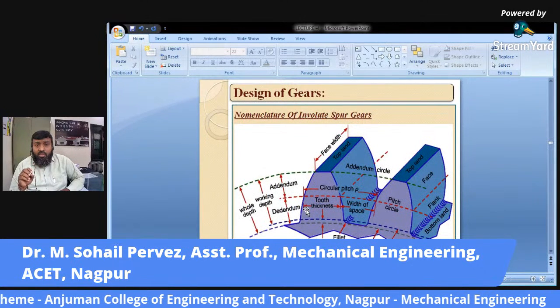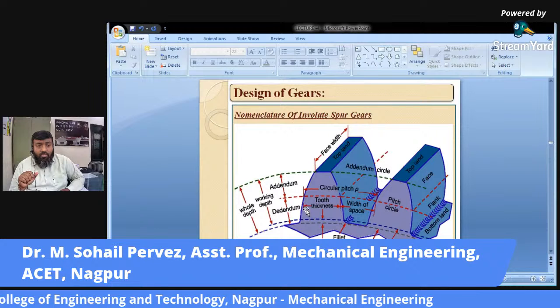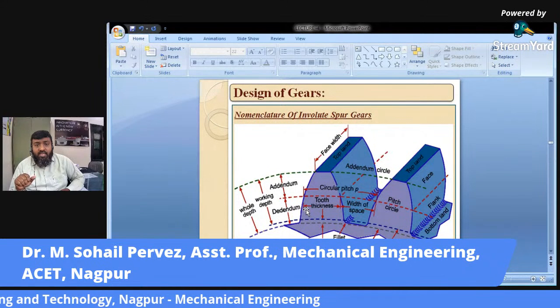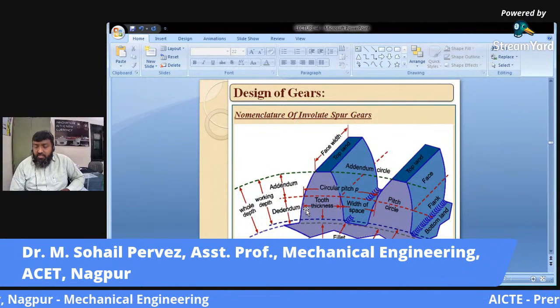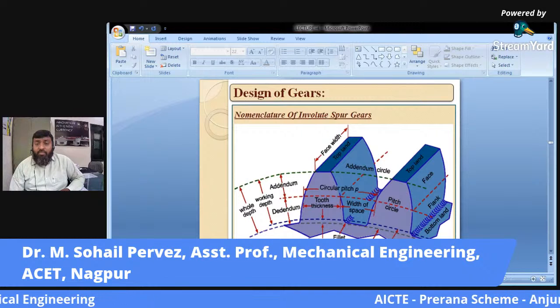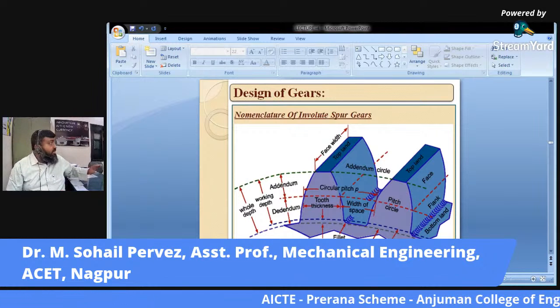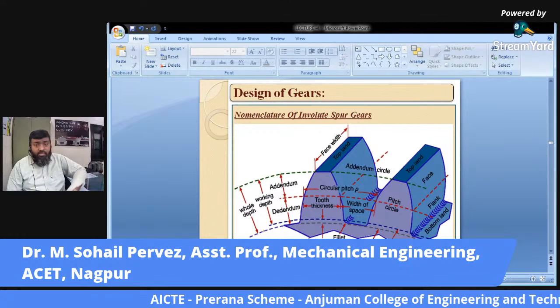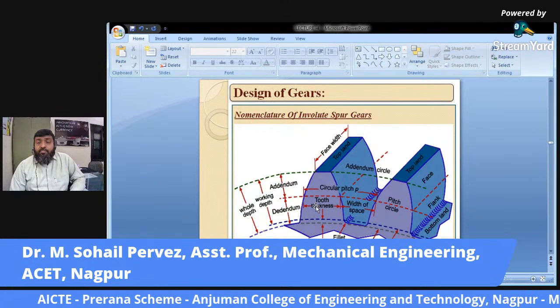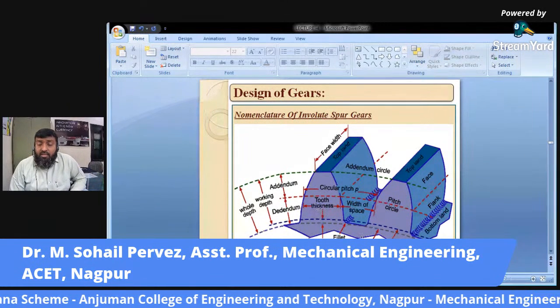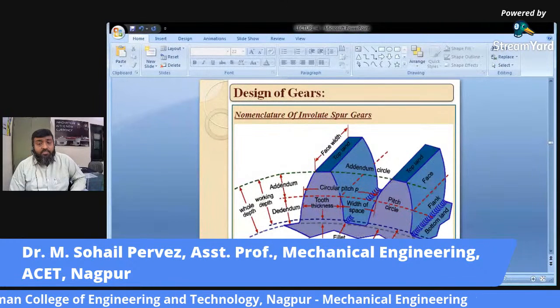Now the nomenclature. When I say nomenclature, it means how the gears will be represented and how the design will be included.